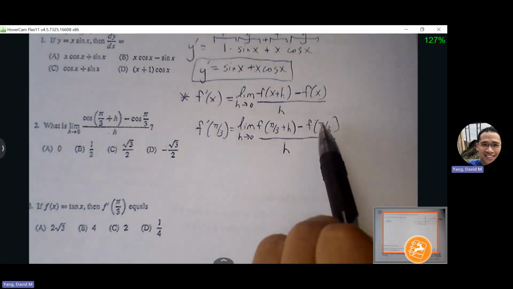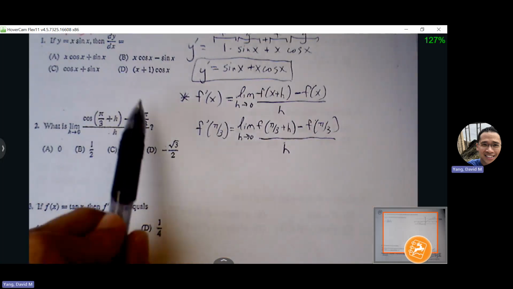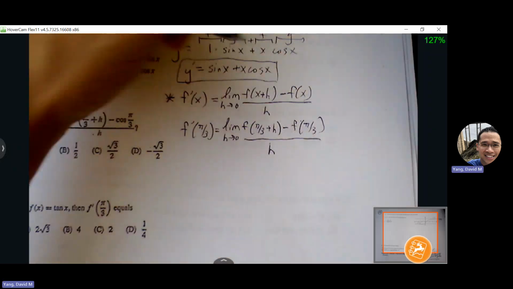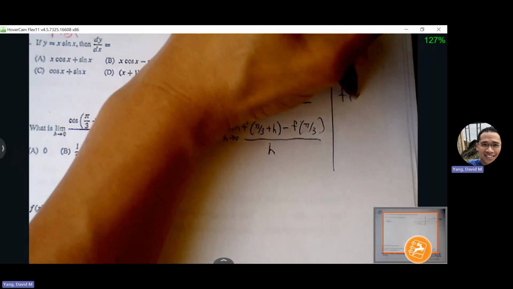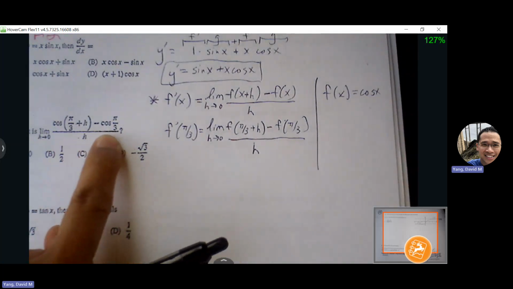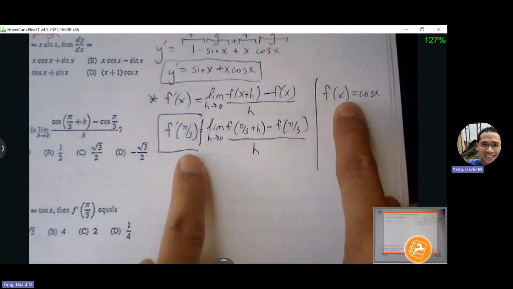The hint is really coming from over here, right? Can you tell what function is getting plugged in? Cosine of x, right? So that's really telling us our f of x is cosine of x, based off of what's getting inserted in. But we're looking for f prime of pi over 3.